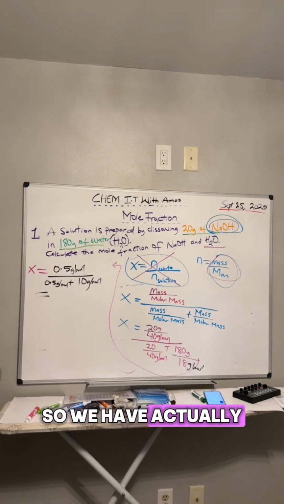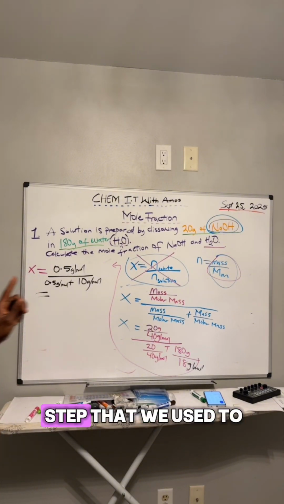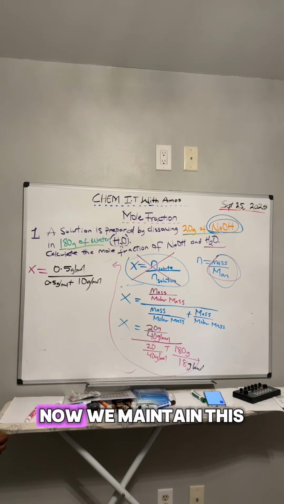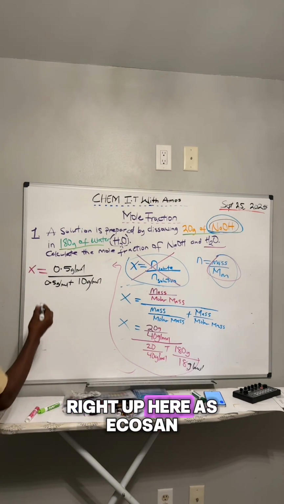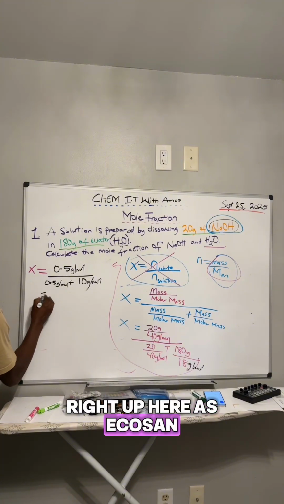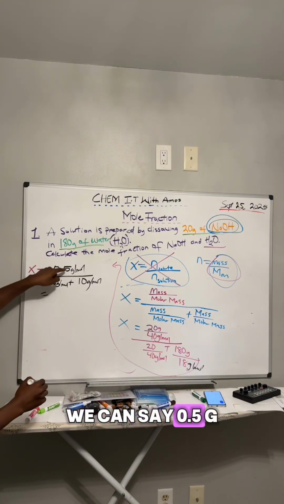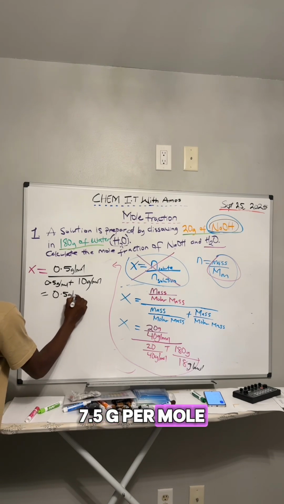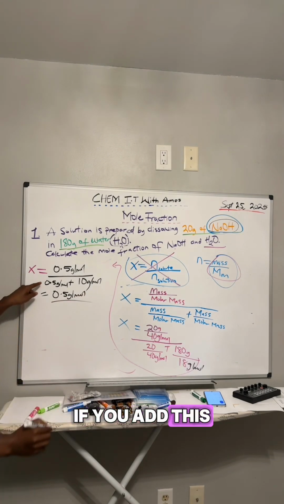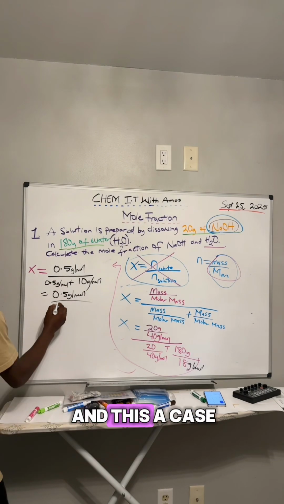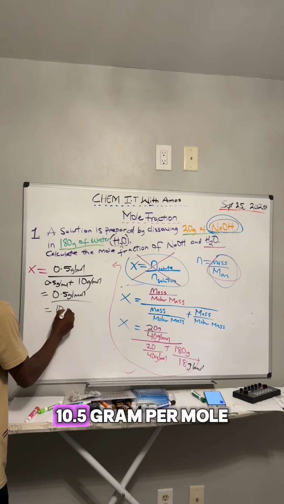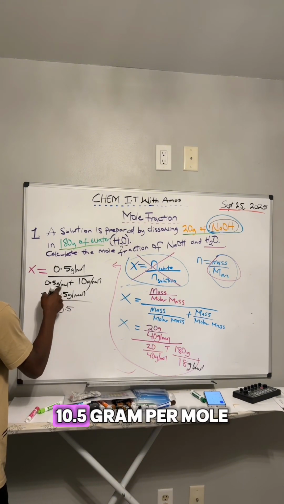So we have actually gotten to the other step that we used first. Gotten this now, we maintain this right up here as equal sign. We can say 0.5 gram per mole. If you add this and this, it gives us something we call 10.5 gram per mole.